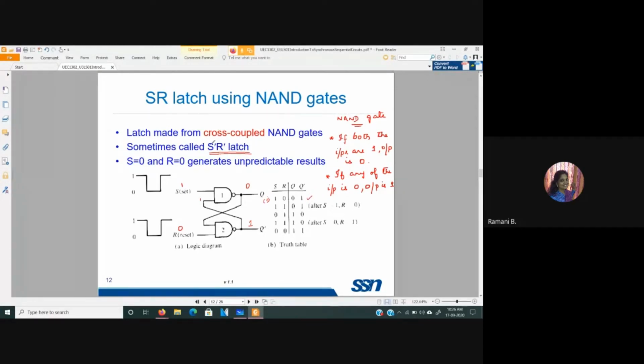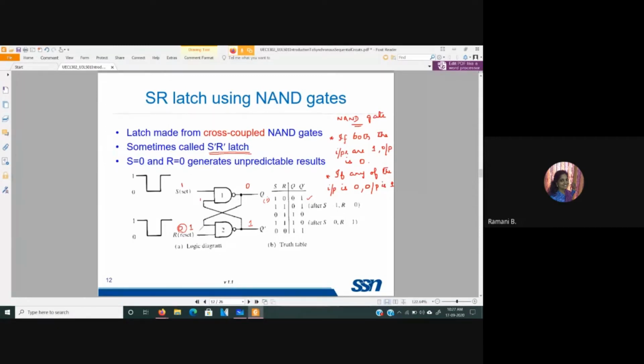As the name is S bar R bar, here if S is equal to 1, that is actually the reset condition. Okay, that you need to have in mind. And if I am going to have this R value now given to be 1, then when one of the inputs to both the NAND gates is going to be 1, we don't know how it is going to function.